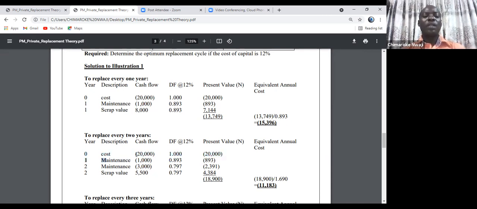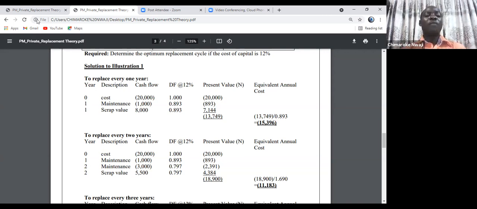In year 1, we still pay our 1,000 naira maintenance at discount factor 0.893. You will still get your 893. No problem. But you didn't sell the assets at year 1, and so no scrap value will be recorded in year 1. You decide to take it over to year 2.